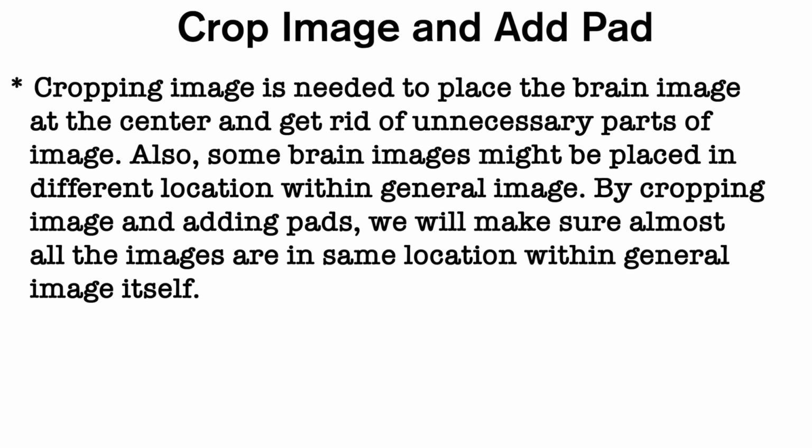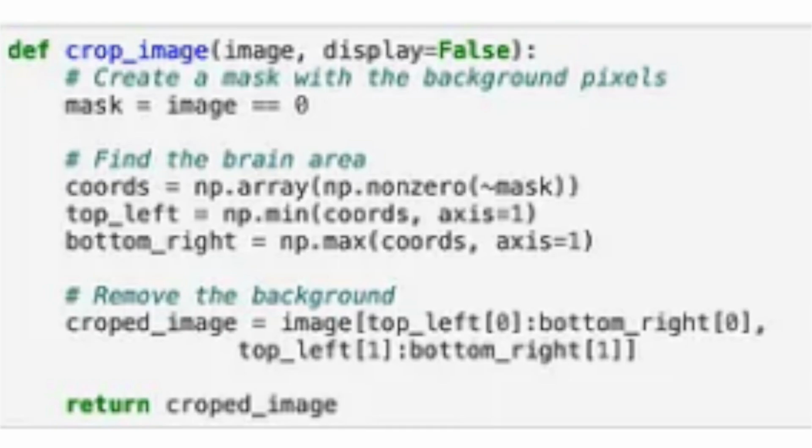Here we are going to use the crop image function, where we load the image, then we use the mask for the image, and then we analyze the coordinates, applying the array fields, top left and bottom right approaches, where again we use the coordinates with axis x and axis y.